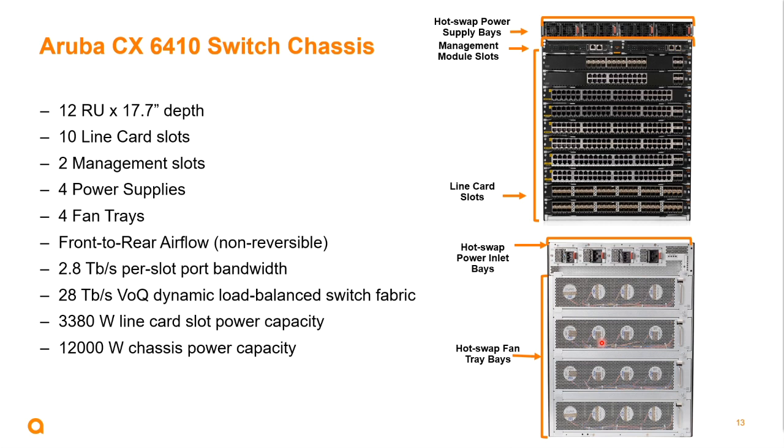And again, as I've mentioned a number of times, we have 2.8 terabytes per slot, giving us 28 terabytes per chassis of fabric switching. Again, similar power, we have 3,380 watts per line card, and providing us 12,000 watts of chassis capacity power.